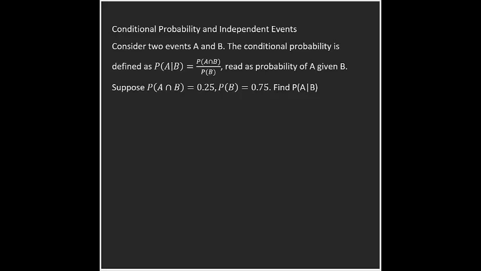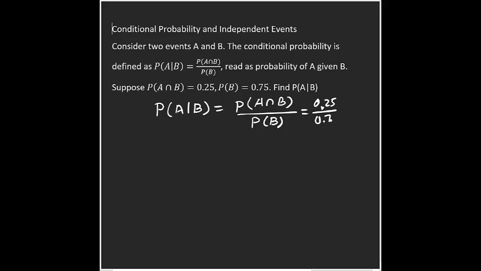Using the definition, probability A given B is probability A intersection B over probability B. So we have 0.25 over 0.75, and when you simplify, you get 1/3. So that is the probability.